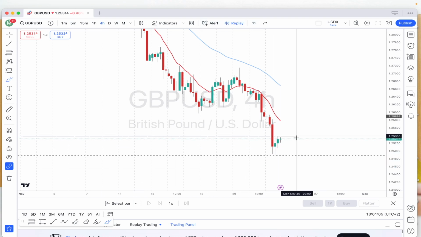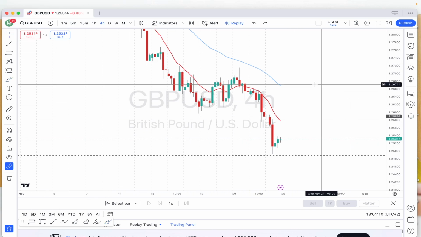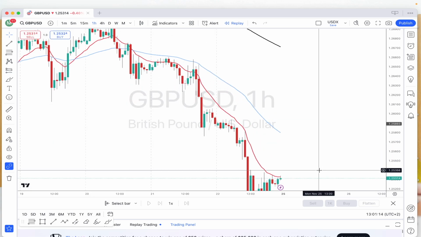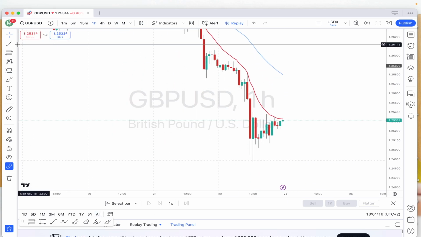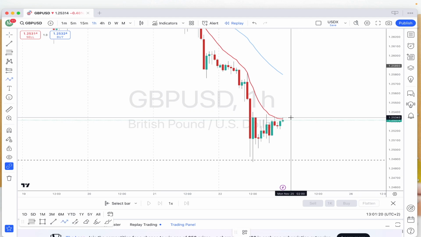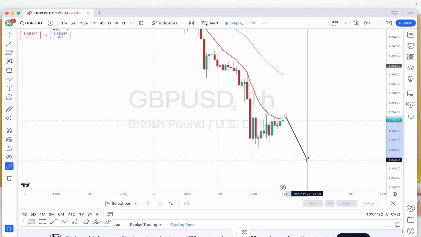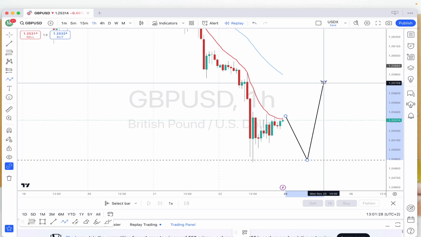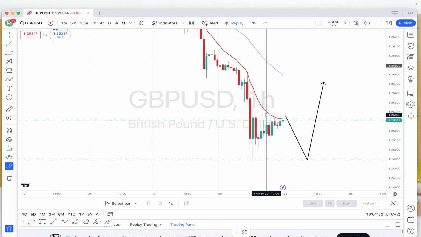And for us to then say yes, the market is now going in the direction that we want, we want to see the market pull to the low, back to this low, and then move up. So that means if that's going to happen, then the market has to break that part there.